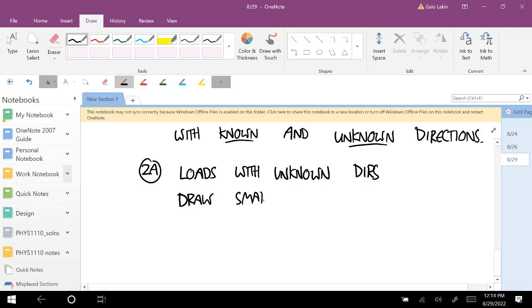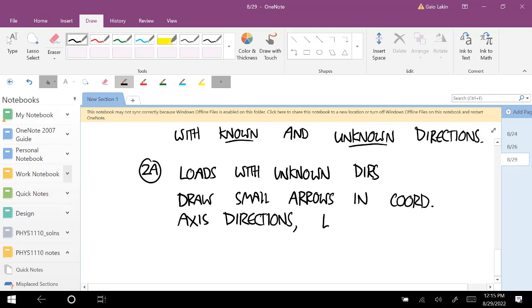Draw small arrows in the coordinate axis directions, and label it with a vector or a vector variable.